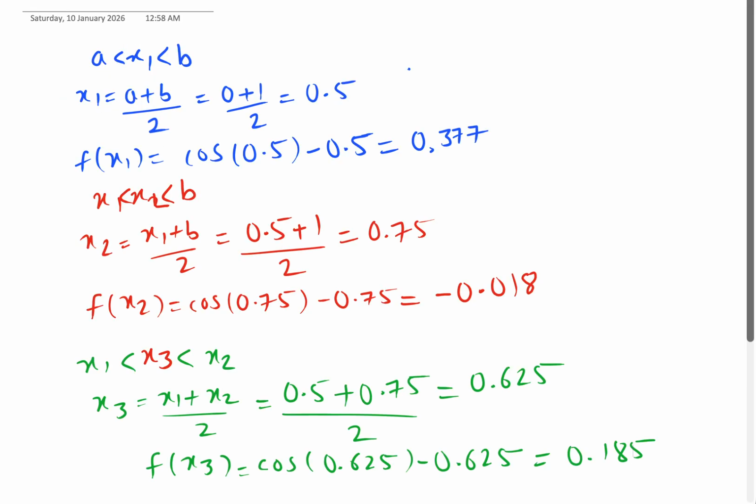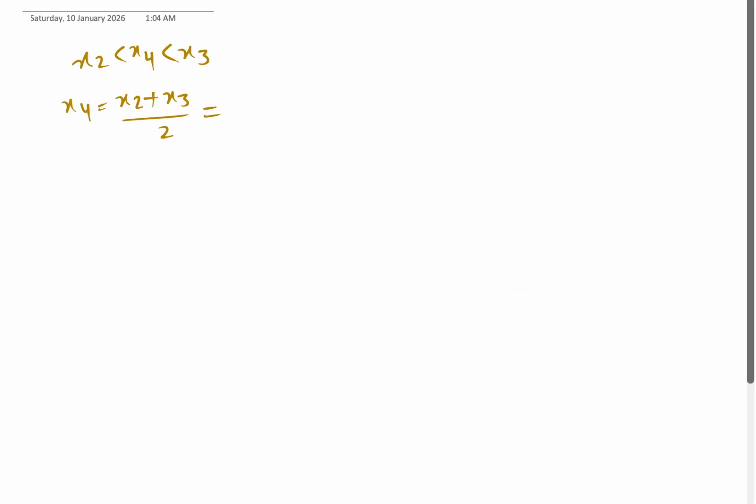What is x2? x2 value is 0.75, and x3 is 0.625. 0.75 plus 0.625 divided by 2 equals 0.687.